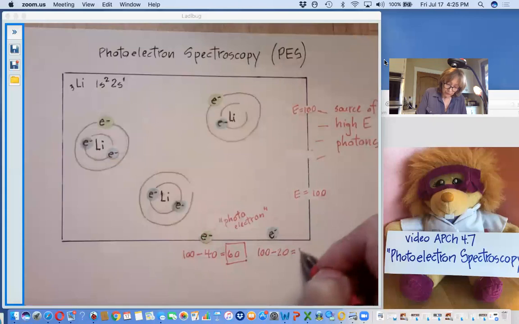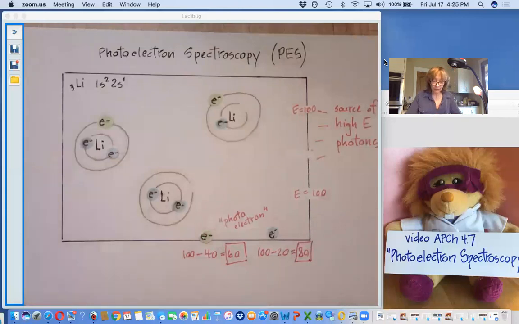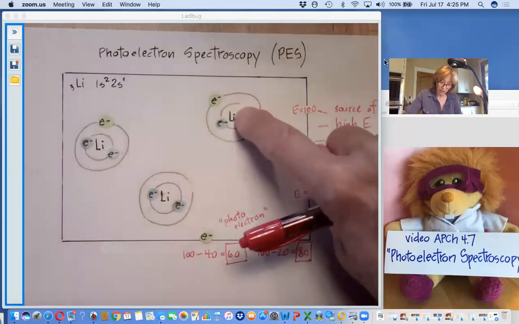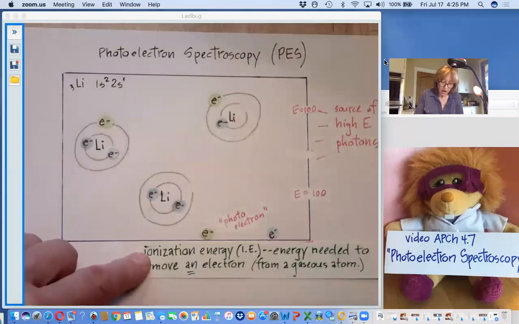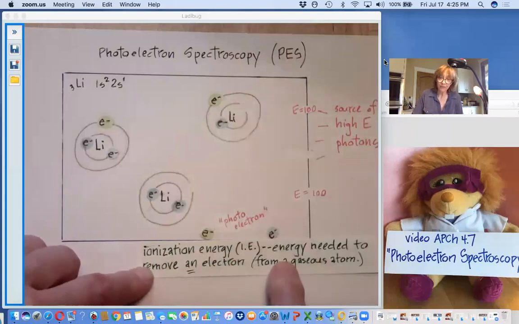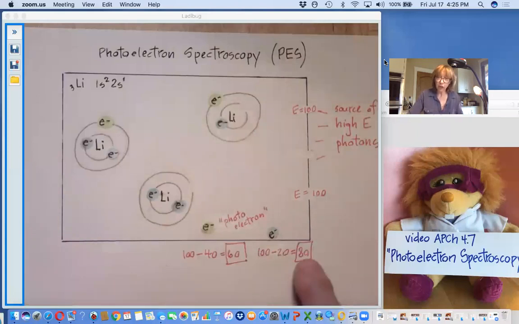So the difference between those gives you a binding energy for this inner electron of 80, or ionization energy for that inner electron, energy needed to remove it, was larger, 80.